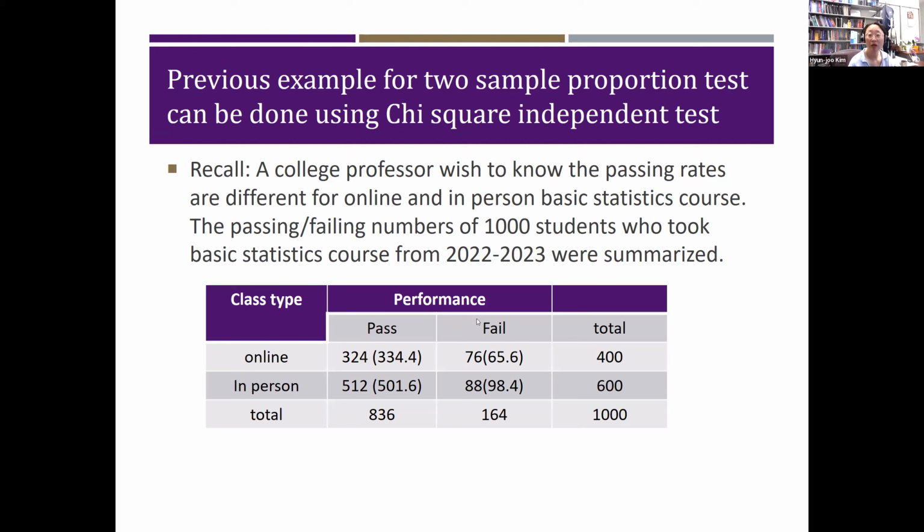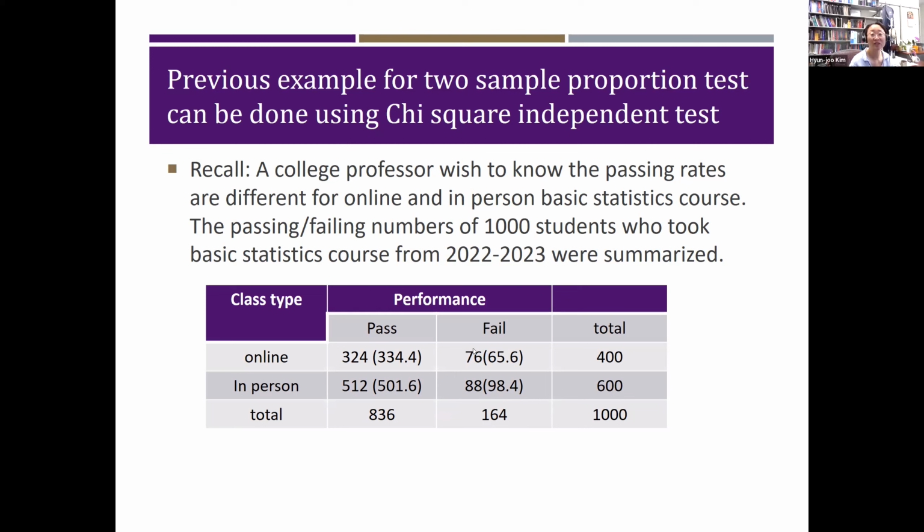The expected value for each cell is in the parentheses. For example, 400 times 836 divided by 1000 is 334.4, and 600 times 164 divided by 1000 is 98.4, and the other ones are calculated in a similar way.